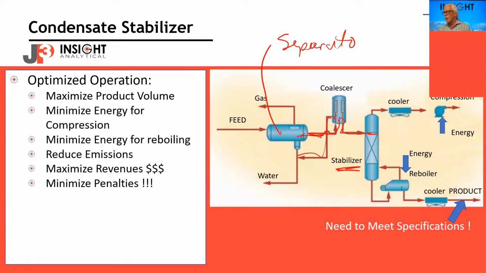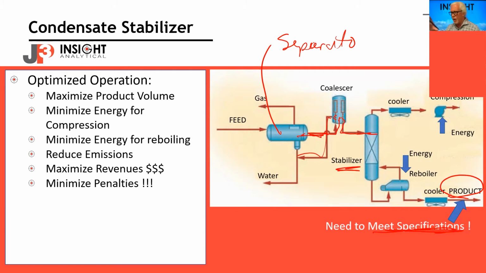The important thing to realize is how much value there is in adjusting those accordingly. If we can set the right operating conditions for the condensate stabilizer, first of all, we can make sure that the product that we're going to produce is going to meet specifications. And that's a big part of this whole thing.